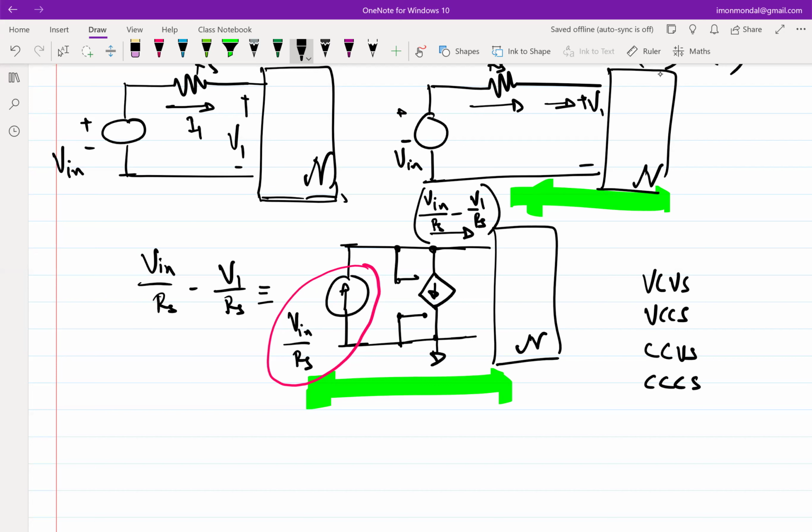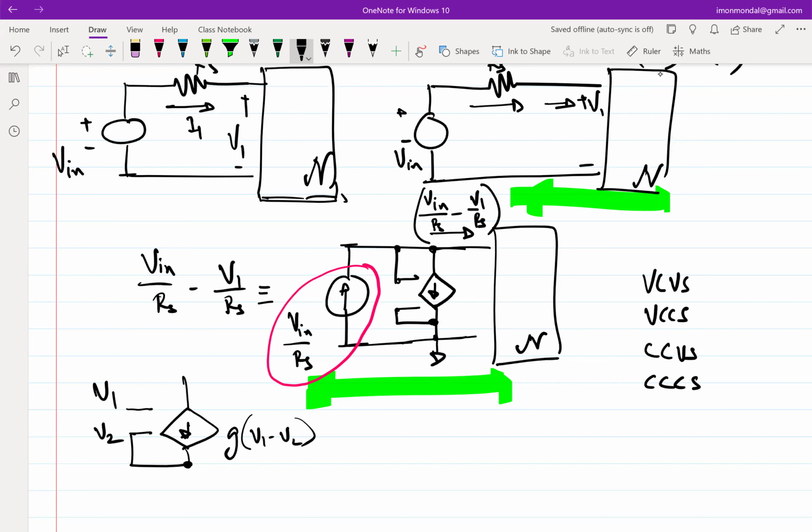So let me redraw it in a slightly different way. Essentially, if I take a voltage controlled current source, let's say I call this G times (V1 minus V2), and this is V1, this is V2.